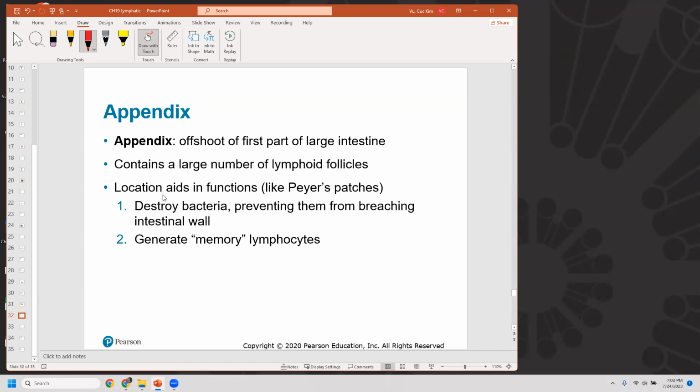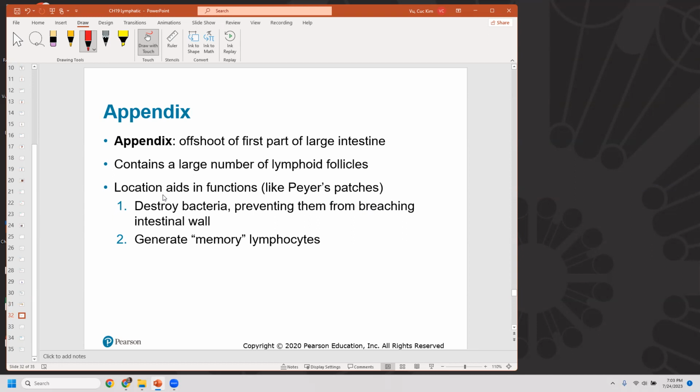In the past, people would do surgery and just remove it without really knowing what it is, because appendicitis is when it becomes inflamed with either debris or bacteria. It can rupture, and if it ruptures, it allows all that bacteria in your small intestine as well as your large intestine to spread along your peritoneum, which is deadly. So that's why oftentimes they just remove the appendix.